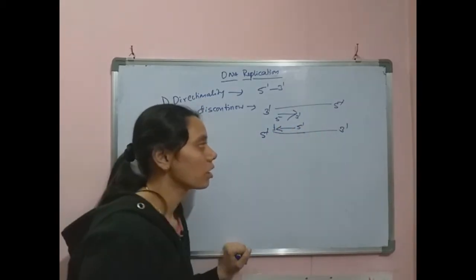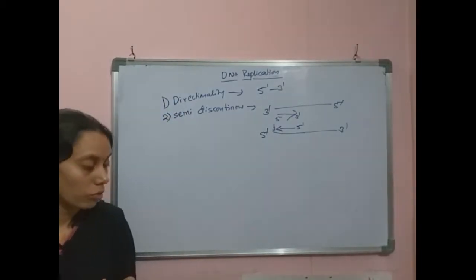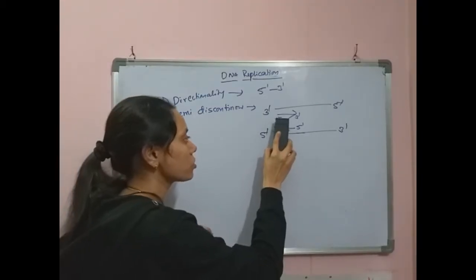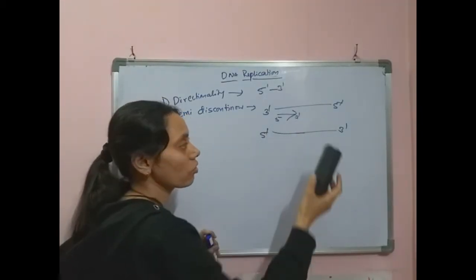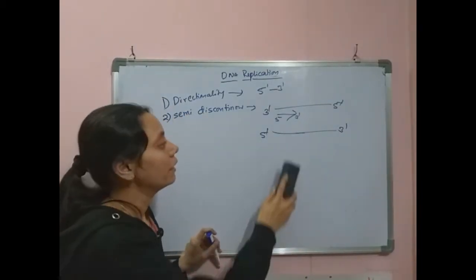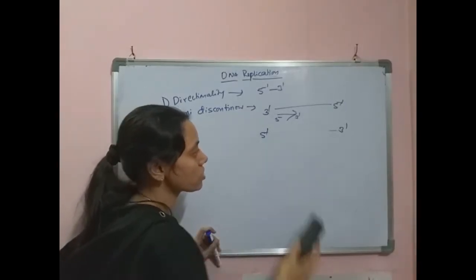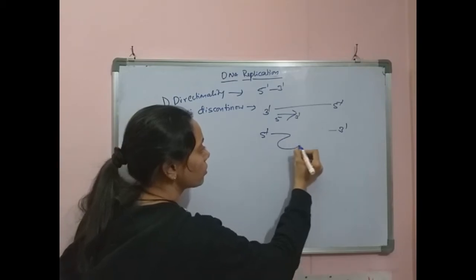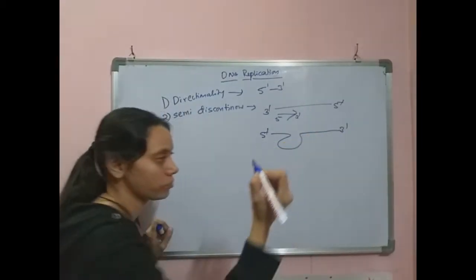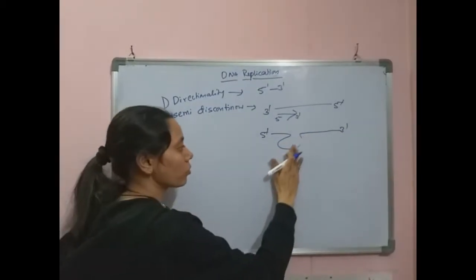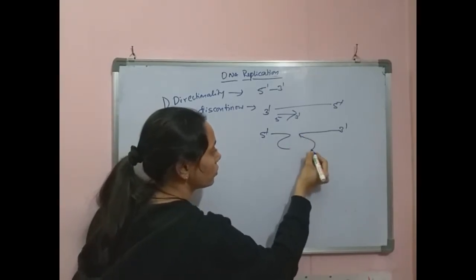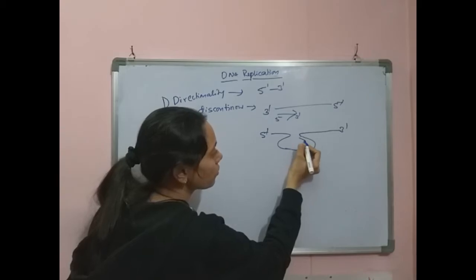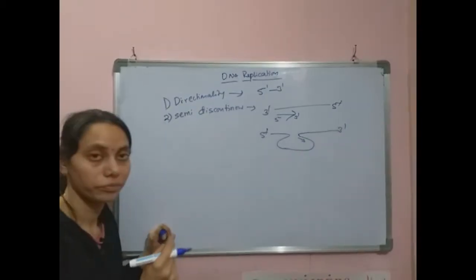How does it happen? Because the other strand is actually opposite to the directionality of DNA replication, this other strand, which is called the lagging strand, will form small localized loops. These small localized loops will give the opposite direction.